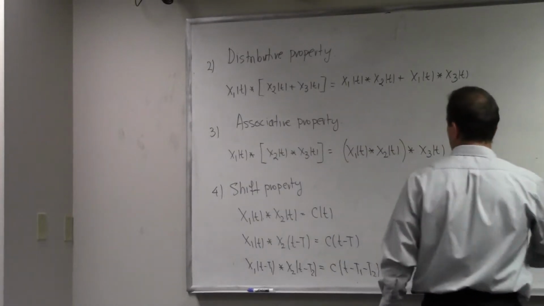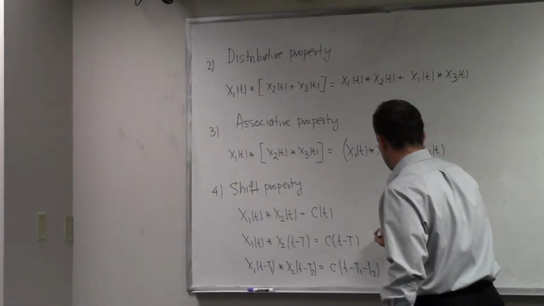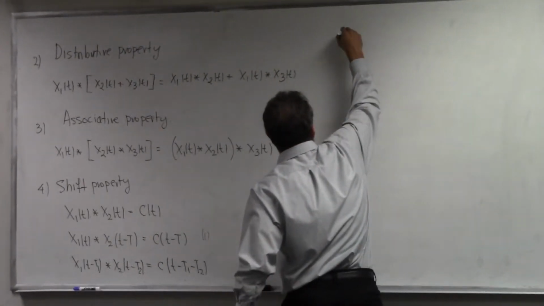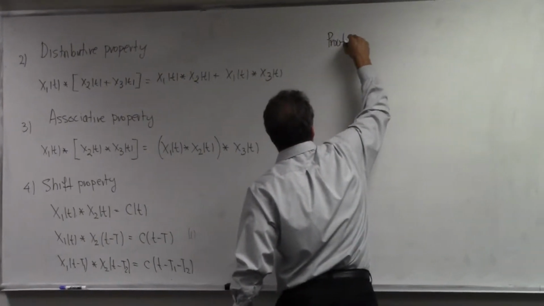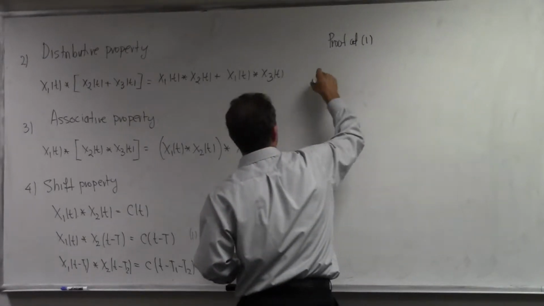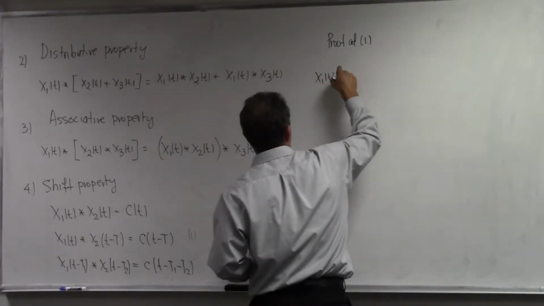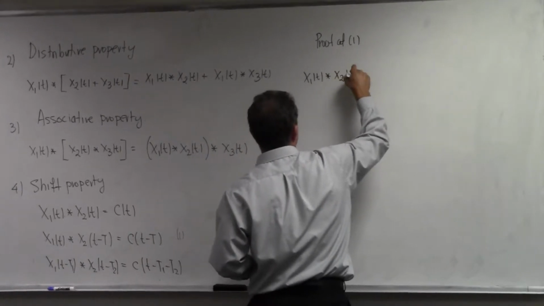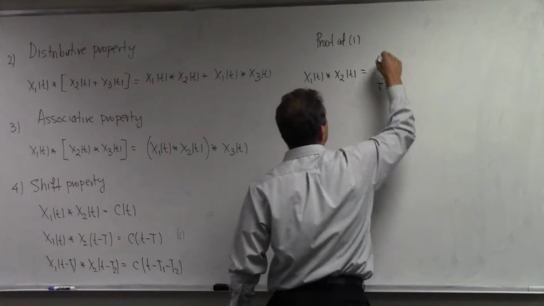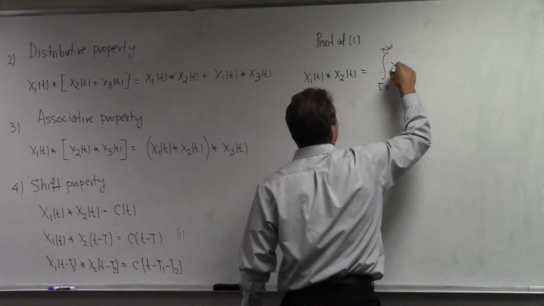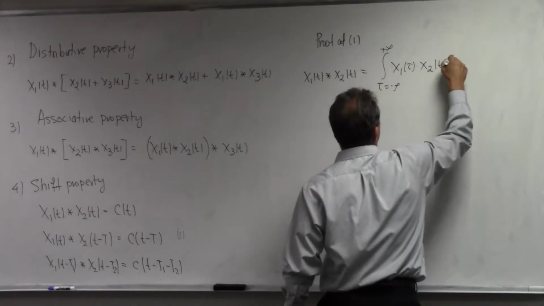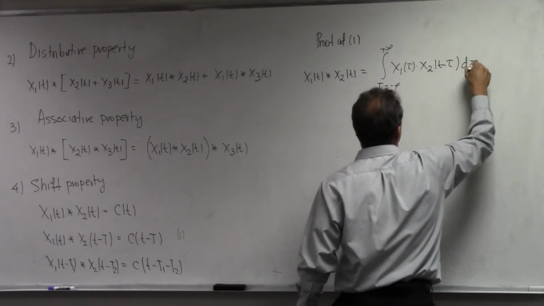Let me quickly prove this one. It's easy to prove. x1 of t convolved with x2 of t is equal to integral when tau goes from minus infinity to plus infinity, x1 of tau, x2 of t minus tau d tau.